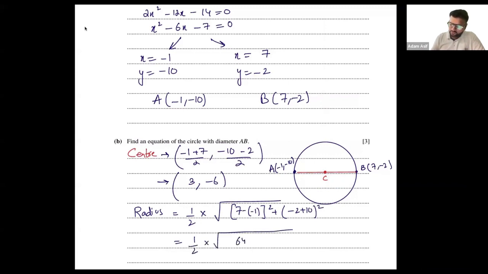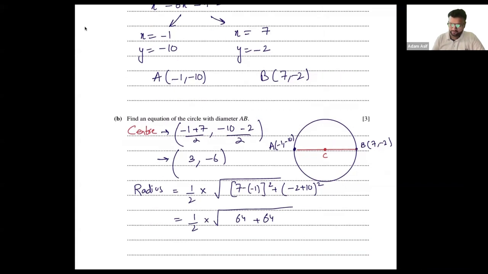So 64, 8 square 64, minus 2 minus minus 1, that's correct.